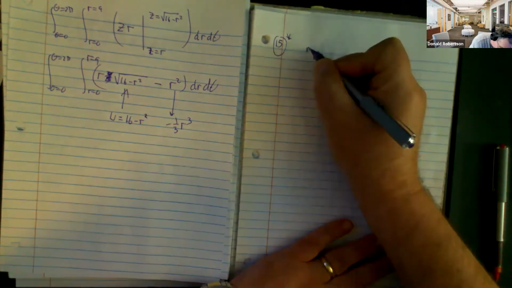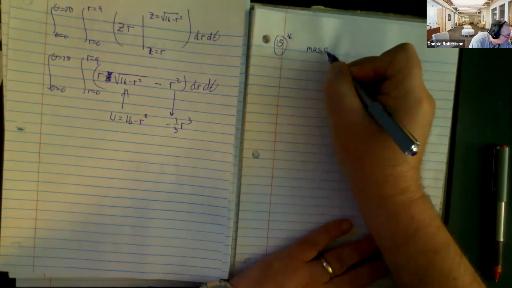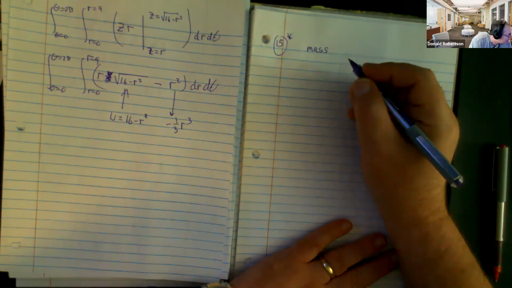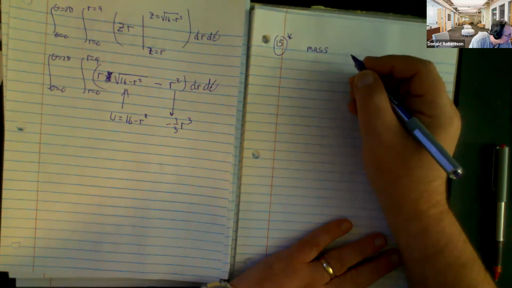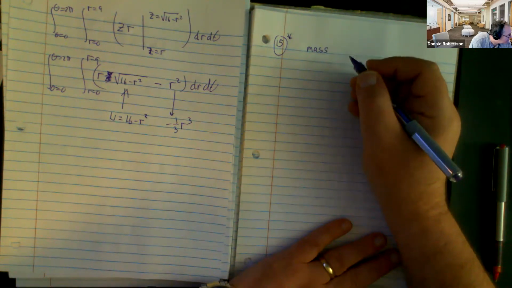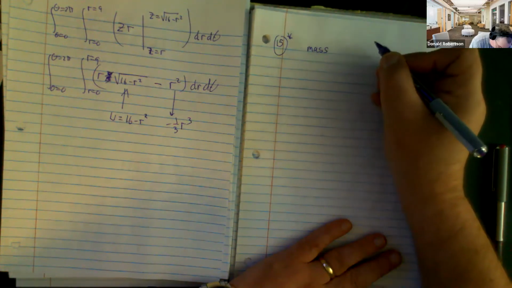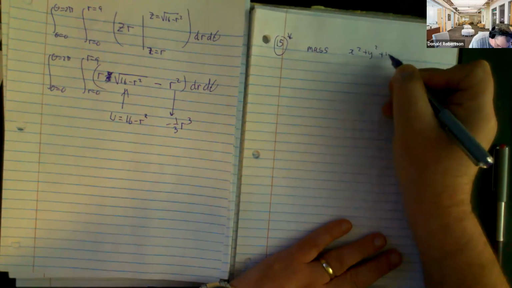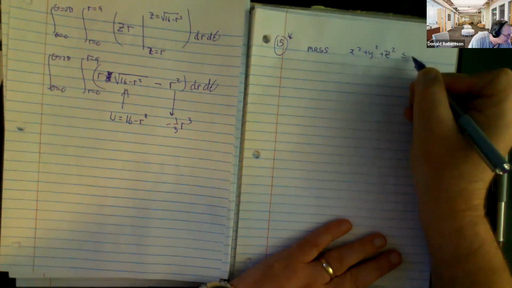So we're being asked to find the mass of something, and we're being told that for the mass of the ball, given that this is true. So what do I know about the mass of a ball? Well, we're told that x squared plus y squared plus z squared is less than or equal to a squared.